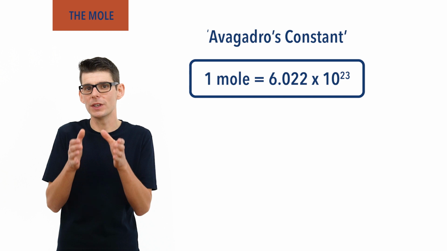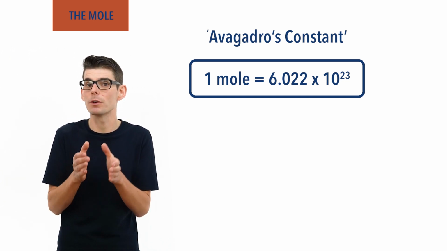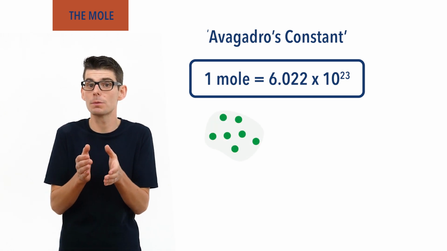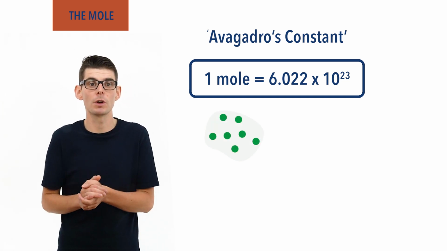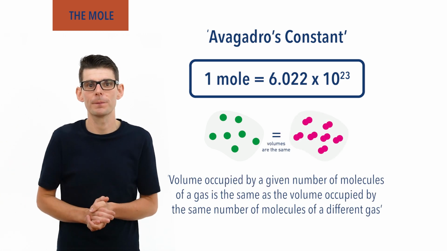Avogadro proposed the idea that the volume of space occupied by a particular number of molecules of a gas is the same as the volume of space occupied by the same number of molecules of a different gas, at the same temperature and pressure.